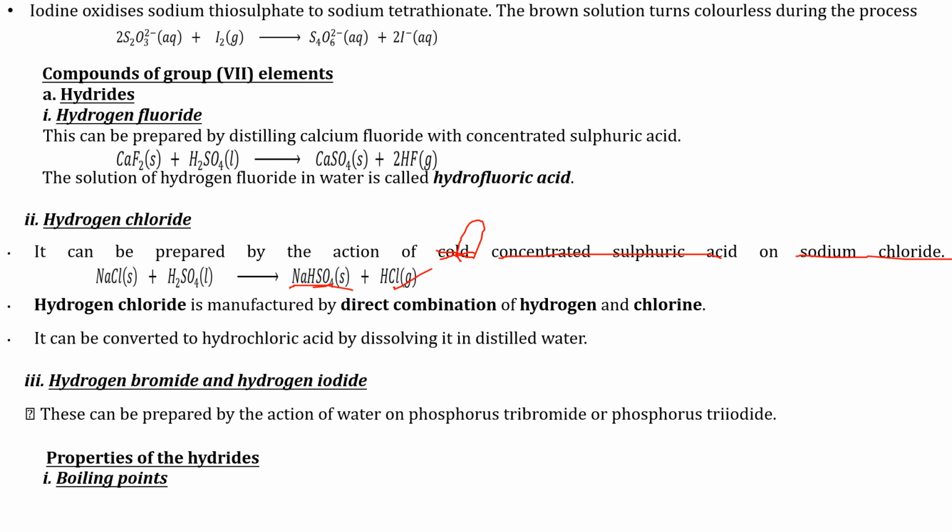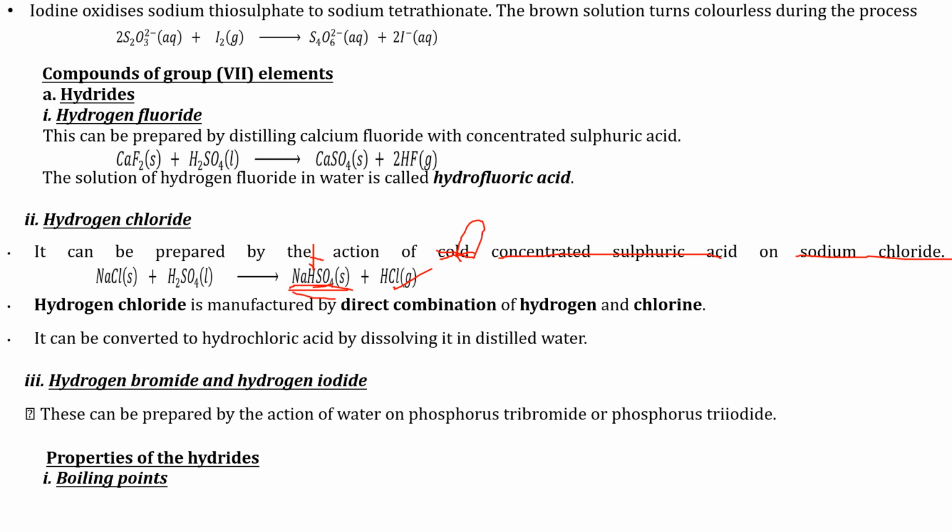Now the reason we are not forming sodium sulfate is because the temperature at which sodium sulfate is formed is very high, so it cannot be formed on a laboratory basis. Equations involving formation of sodium sulfate, you'll find in your practicals. But theoretically, we shall be forming mainly hydrogen sulfates of group 1 elements.